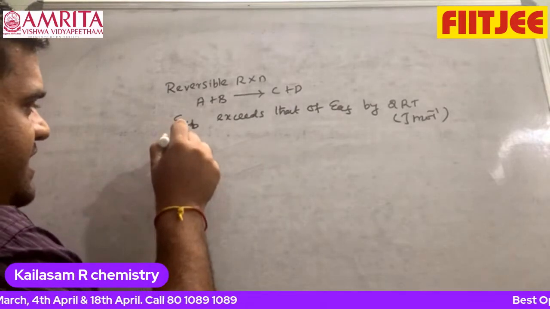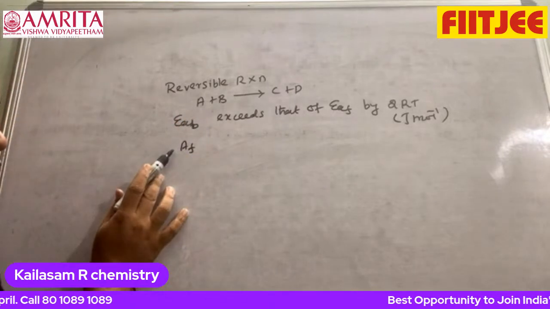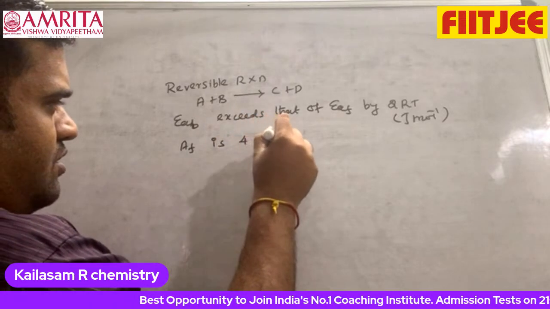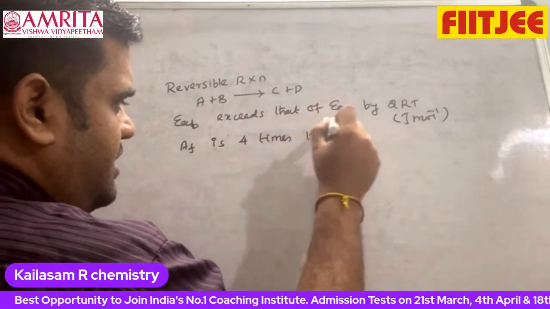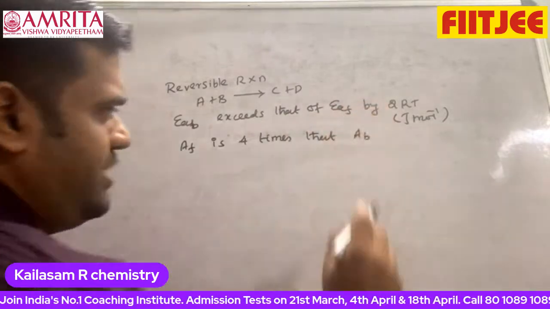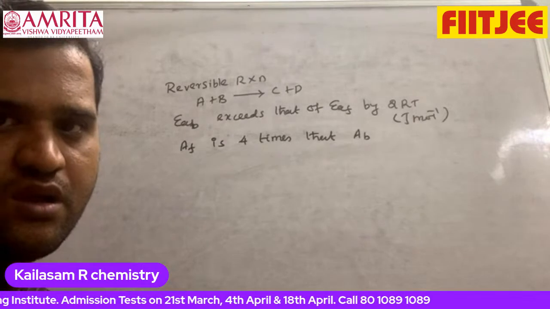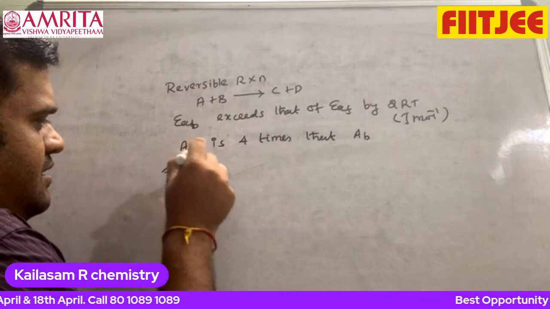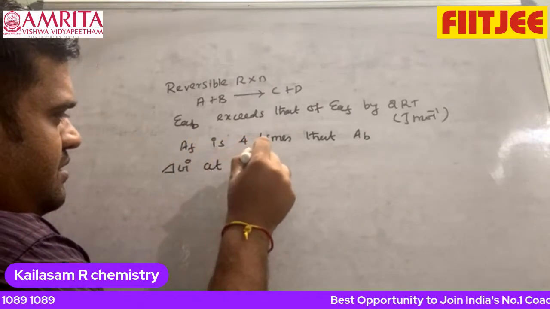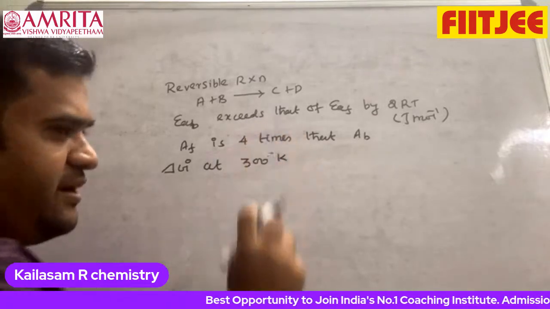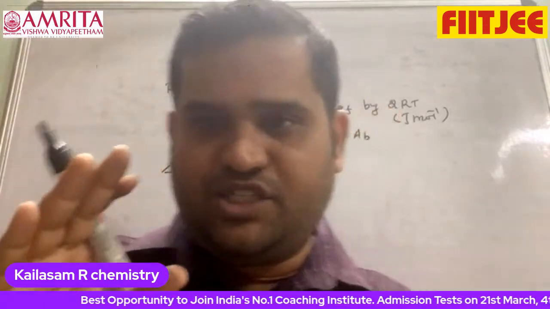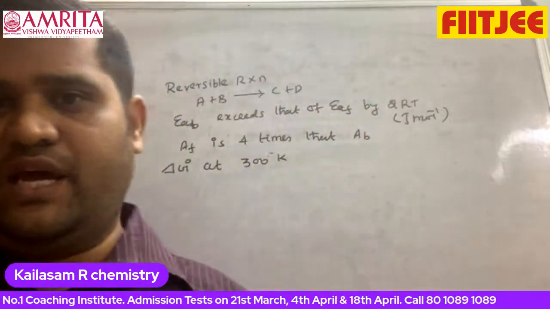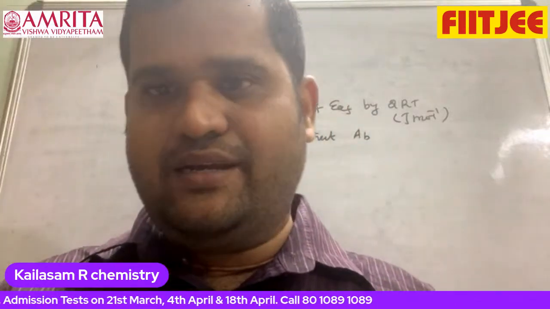Next, they also give that the pre-exponential factor in the forward direction, AF, is 4 times that of the pre-exponential factor in the backward direction, and find delta G naught at 300 Kelvin.